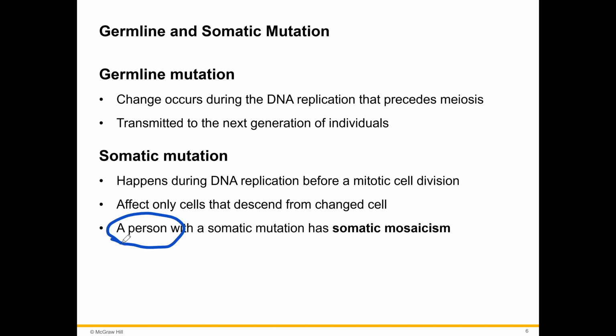Now, if we're talking about embryonic development, then a person with a somatic mutation has somatic mosaicism, and I will show you on the next slide what it means. What we want to remember from this slide is that mutations can be germline mutations that happen in DNA before meiosis, or somatic mutations that happen in DNA before mitotic cell division.